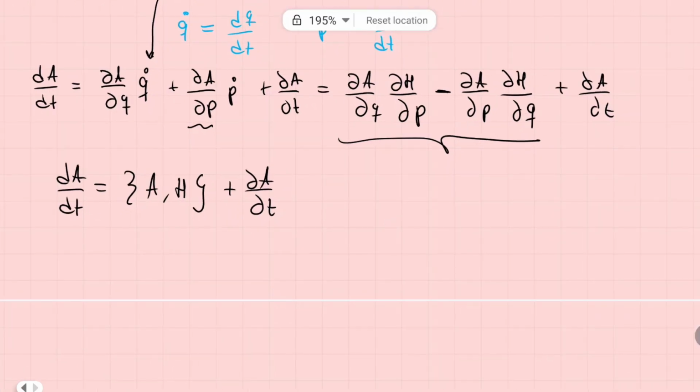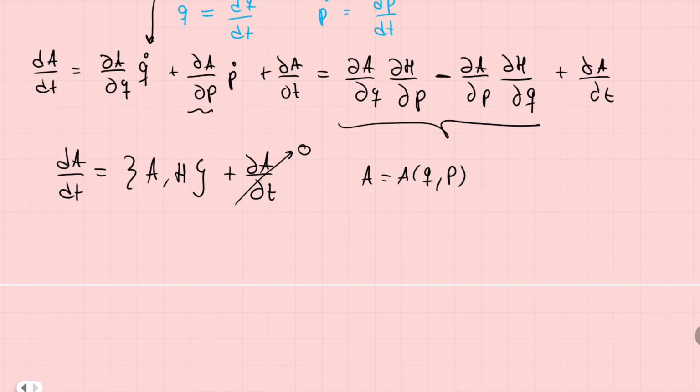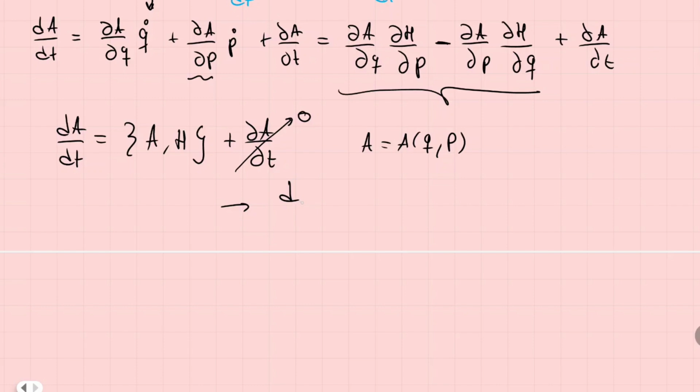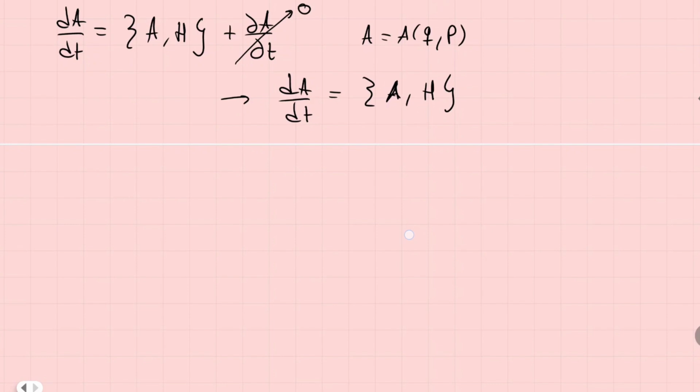And in the case where A does not depend explicitly on time, this partial derivative will be 0. That is, when A is a function of just Q and P, the partial of A with respect to time will be 0, and that means that the total derivative with respect to time of A is going to be just the Poisson brackets between A and H. Okay, perfect.